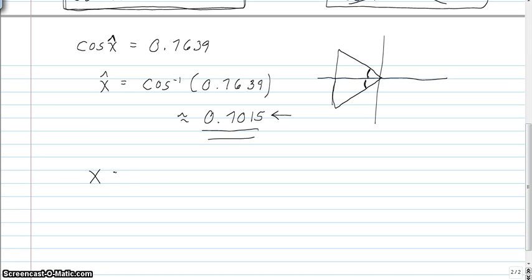So the two angles that I want would be, since this angle here is pi, I'm after this angle, which would be pi minus the reference angle. And I'm also after this angle, which would be pi plus the reference angle.